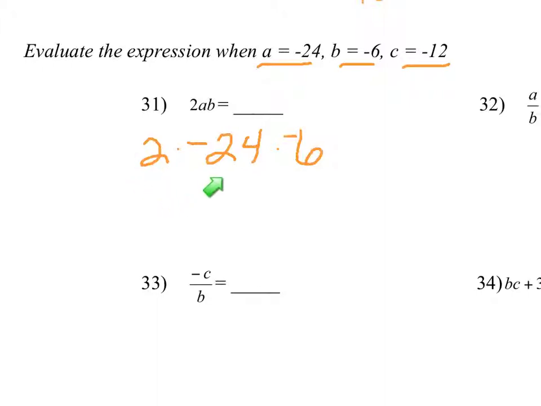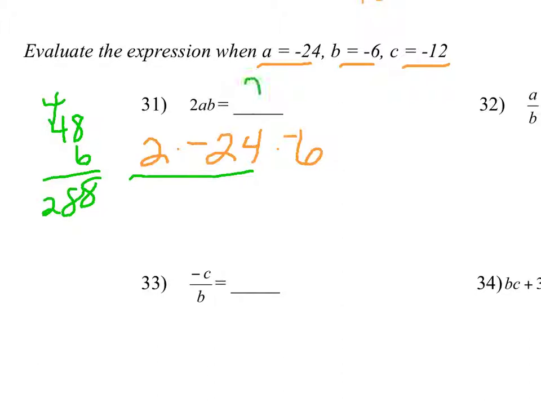So a positive times a negative should end up being a negative. The math on that, the first two multiplied together is, let's see, 48. Multiplying by 6, I get 288 as my answer.